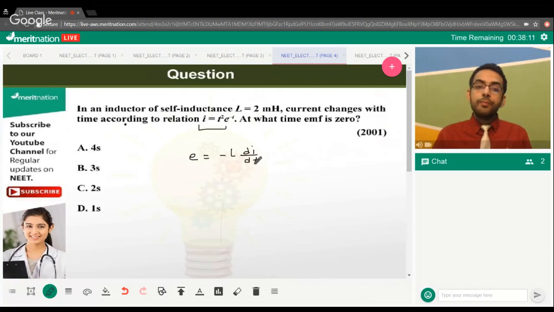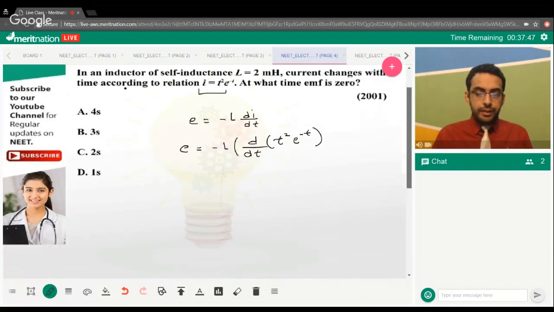Apply this formula. So E is equal to minus of L into d by dt of t square into e to the power minus t. When you differentiate this, what do you get?